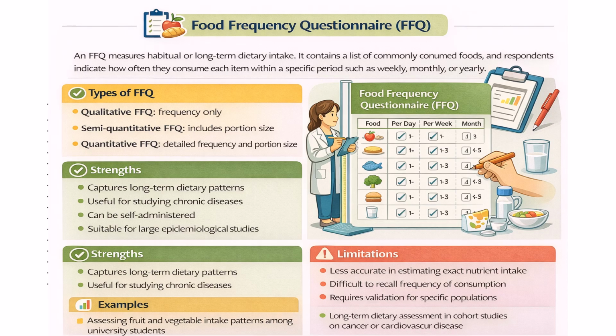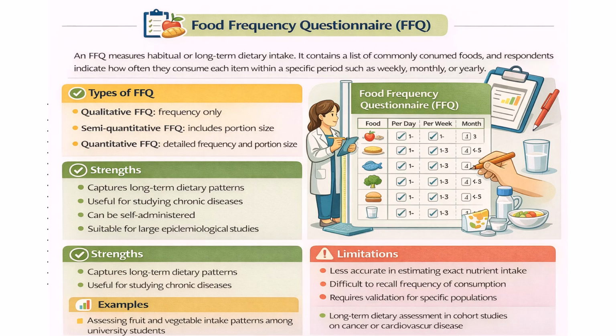There are different types of food frequency questionnaire (FFQ). You have the qualitative FFQ, which measures frequency only. We have the semi-quantitative FFQ, which includes the portion sizes of the food consumed. And then we have the quantitative FFQ, which gives detailed frequency and also the portion size.